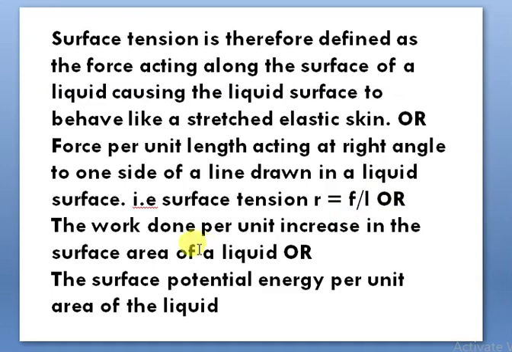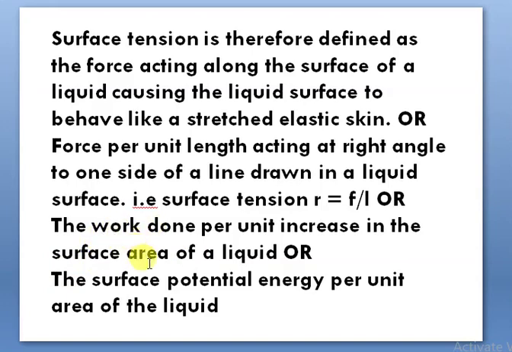Another definition, we can equally define it as the work done per unit increase in the surface area of a liquid. That means mathematically you can equally define surface tension as work done over area.